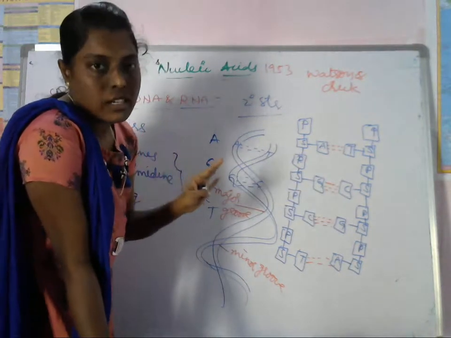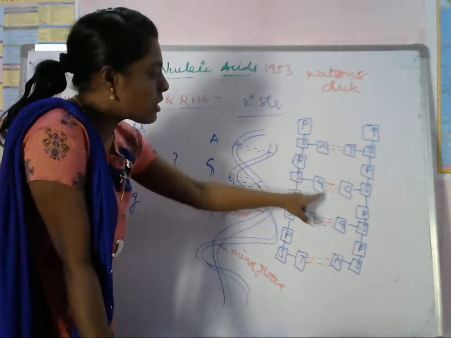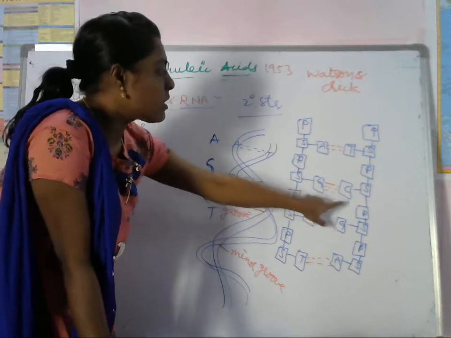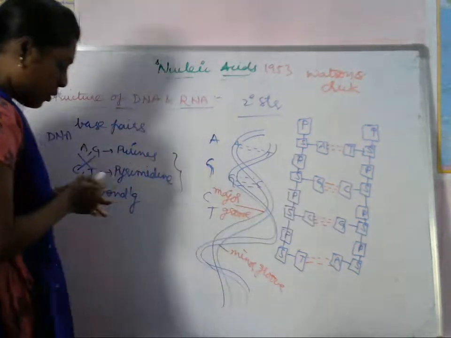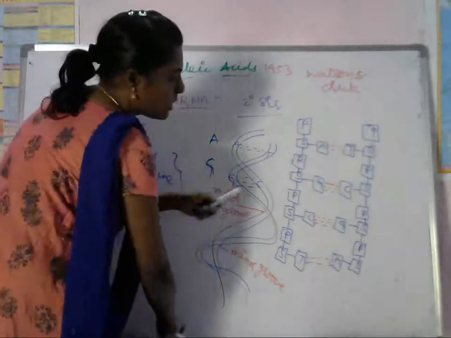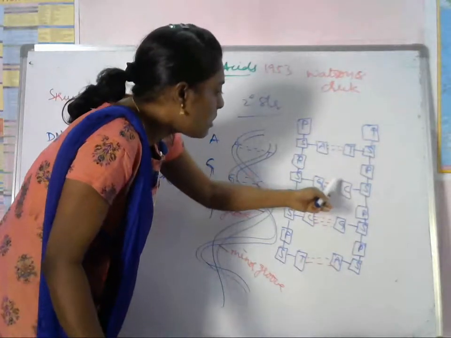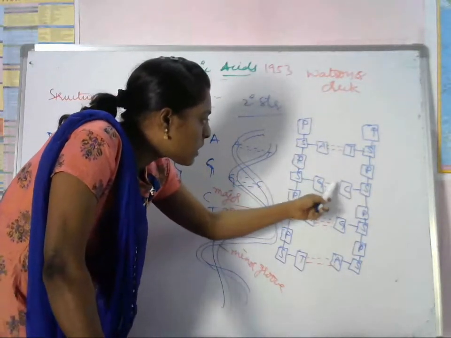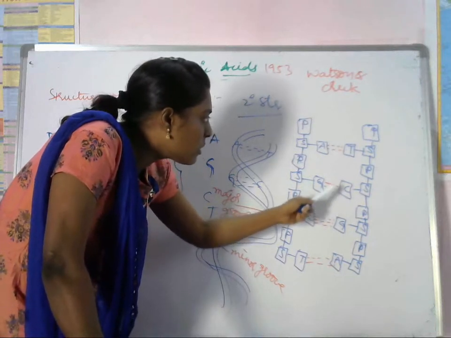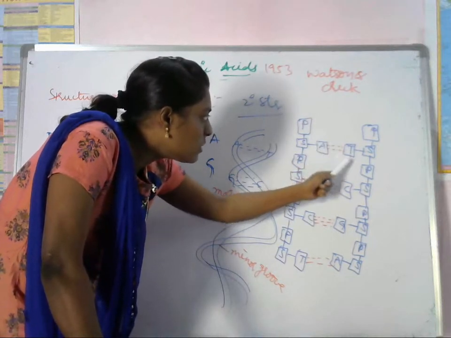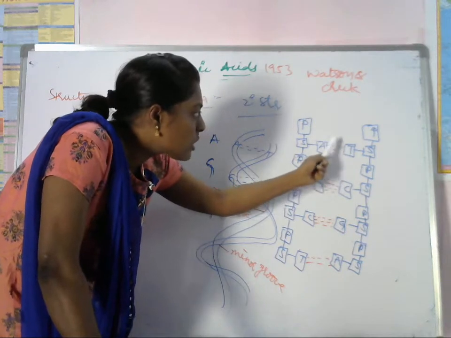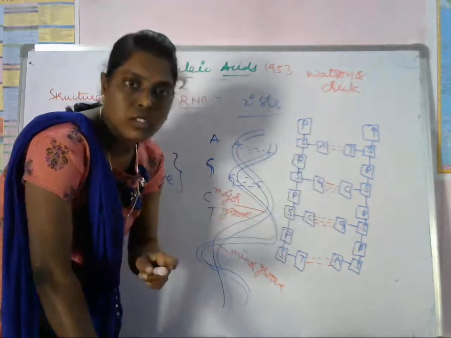There are three hydrogen interactions present between guanine and cytosine. I have shown you already with this red pen: 1, 2, 3. But between A and thymine there are two hydrogen interactions.